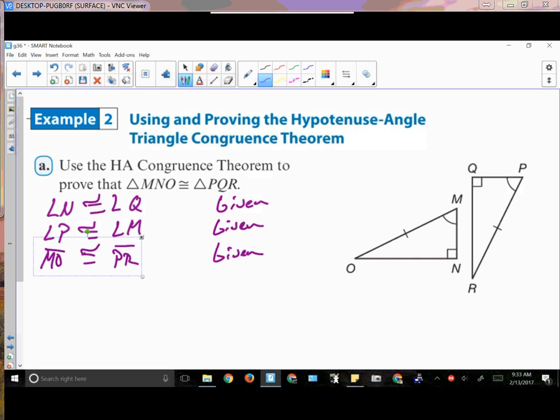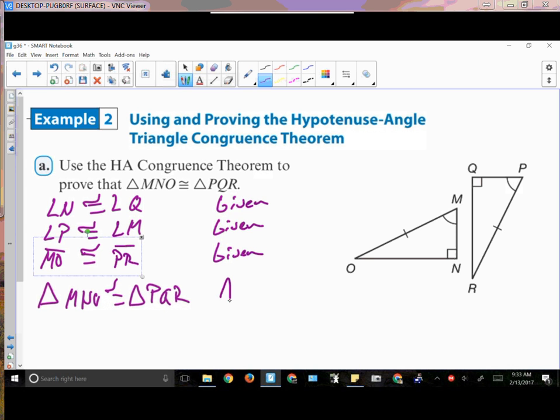So, what order of things do I have here? I have triangle MNO is congruent to triangle PQR. Why? Because I have angle, angle, side.